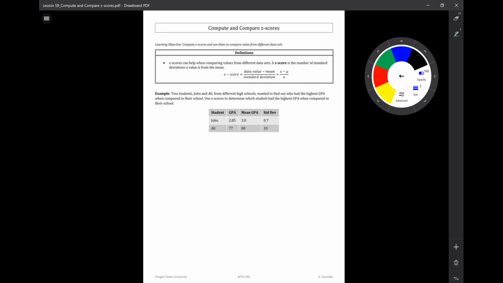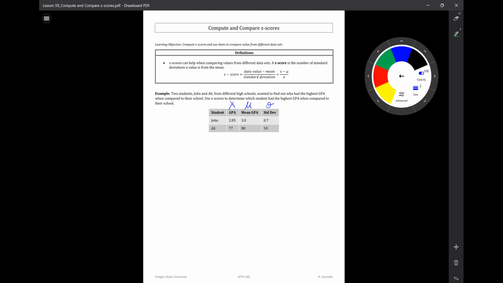So it's really hard to compare these unless we have something like a z-score, which helps us standardize the data. So the data points that we care about, our x values, are 2.85 and 77. Our means are 3.0 and 80. That's our mu value. And our standard deviation is sigma.